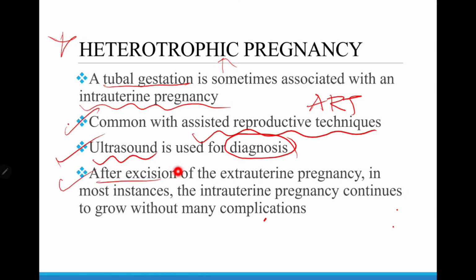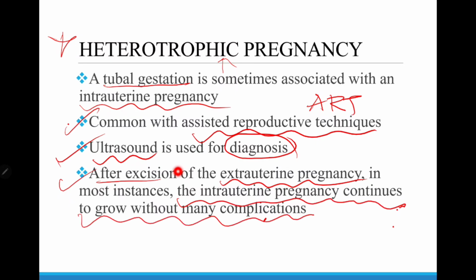And after excision of the extrauterine pregnancy, in most instances, the intrauterine pregnancy continues to grow without much complication. So our target for heterotopic pregnancy is just to do the excision of the extrauterine pregnancy, whereas the intrauterine pregnancy can continue, mostly without much complication.